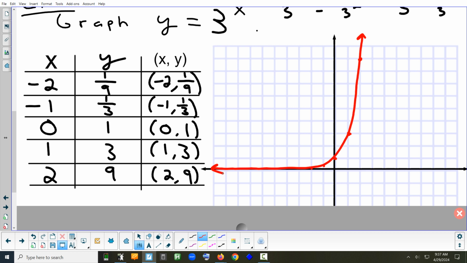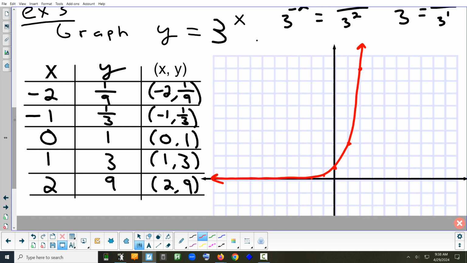What do we call this point right here, where it crosses the y-axis? Anyone remember the name of that? Yep, that's the y-intercept. So this number right here, the y value in the table when the x value is 0, that number is really where it crosses the y-axis. All the time, it crosses at 1.